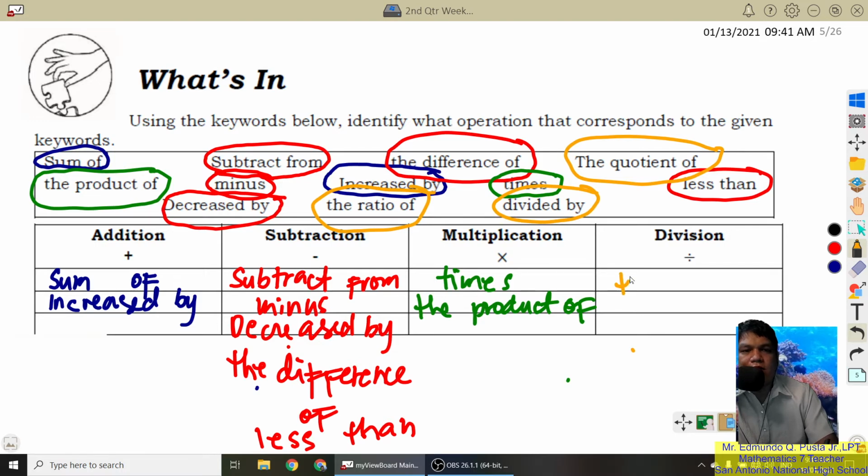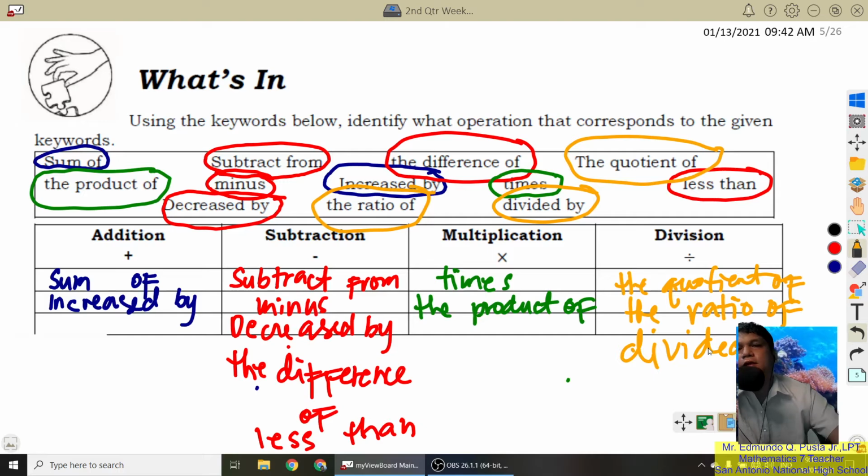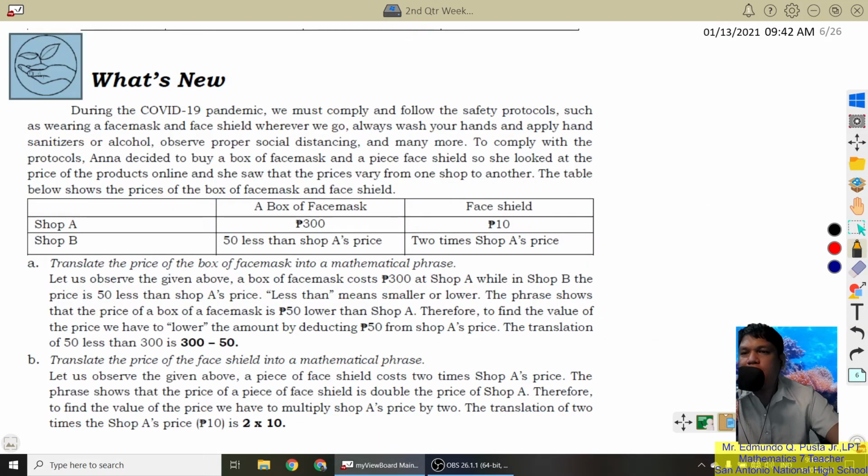So, this is from your module. Ayan. And we're answering it, no? So, another activity we have from your module.